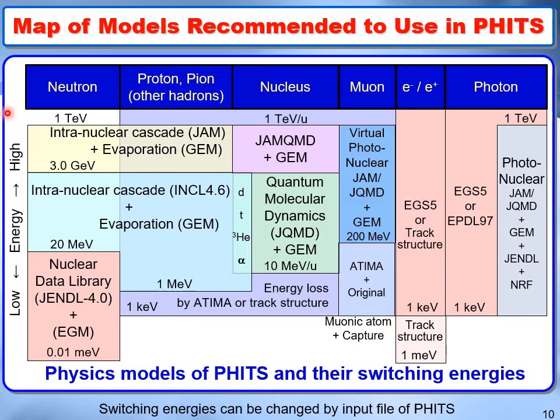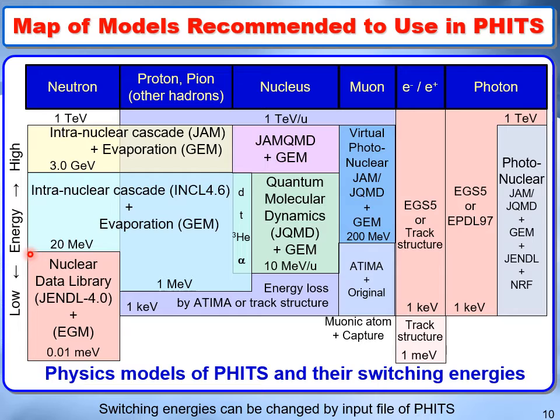For example, PHITS uses an intranuclear cascade model named JAM and an evaporation model GEM for simulating neutron-induced nuclear reaction above 3 GeV, and uses another intranuclear cascade model INCL 4.6 for energies between 20 MeV and 3 GeV, and uses nuclear data library JENDL 4.0 coupled with event generator mode below the energy.